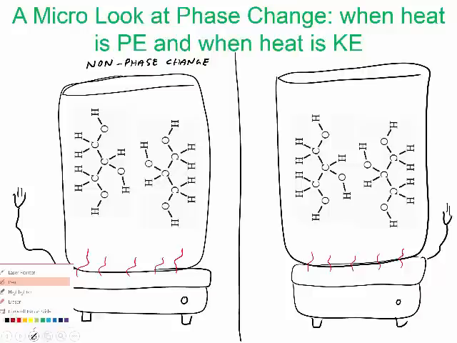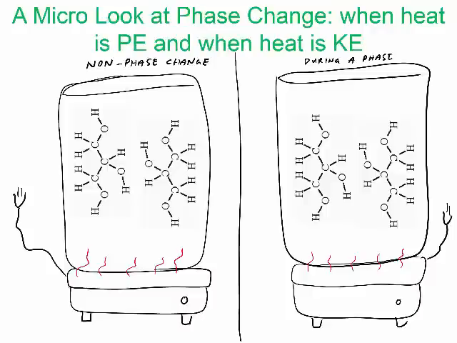When you look at the molecule microscopically, like where on the molecule the heat from the hot plate is entering. So we'll look at during a non-phase change, and then also during a phase change. Where's the heat going?